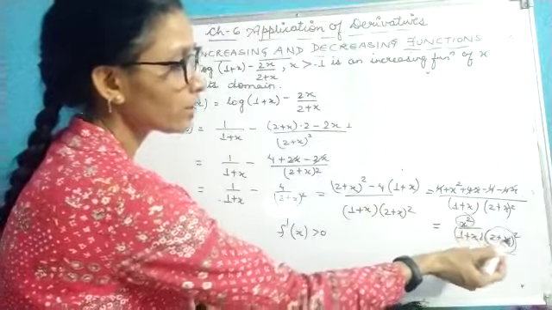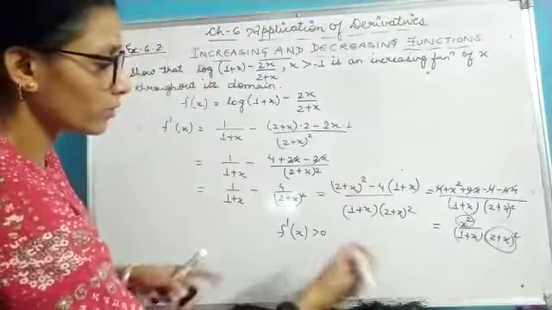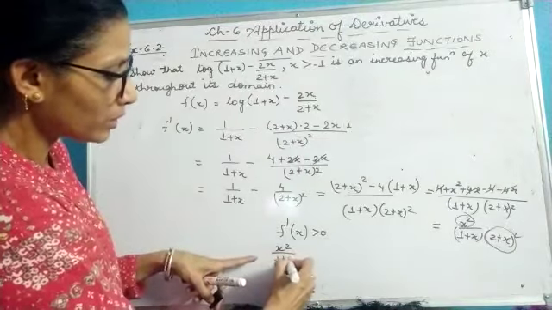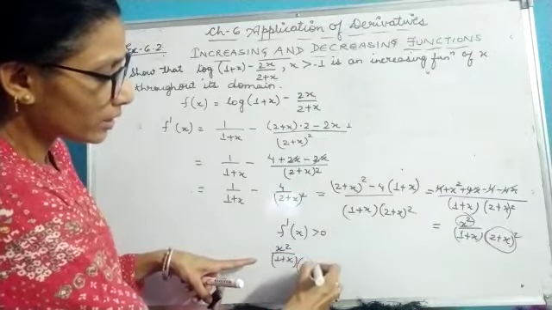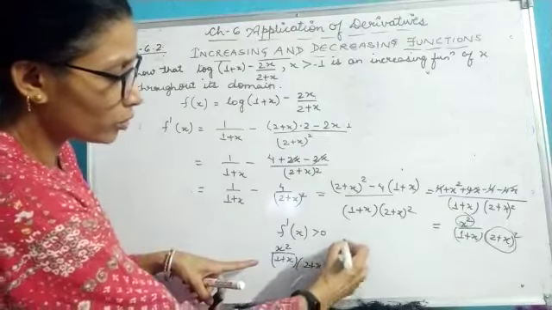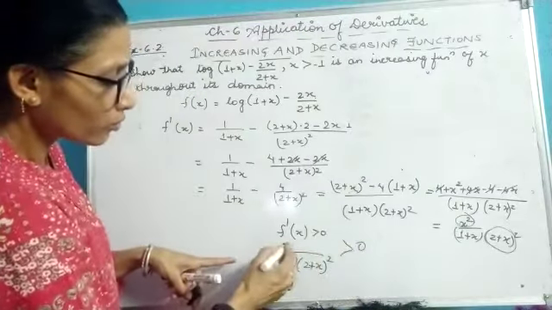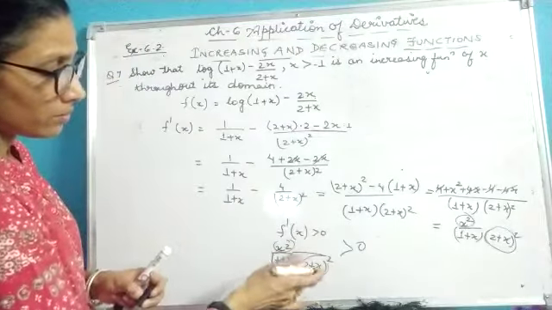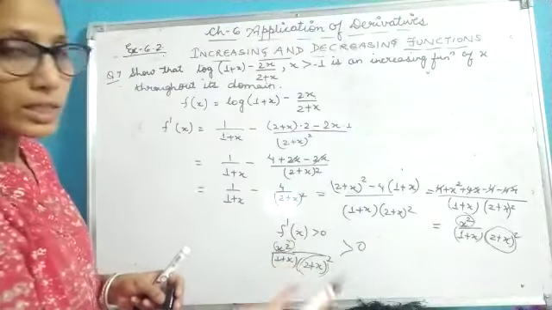So here and here I will be getting positive. That means f dash x, x square by 1 plus x, 2 plus x whole square, should be greater than 0. So for these two values, I have no tension because I will be getting a positive value.